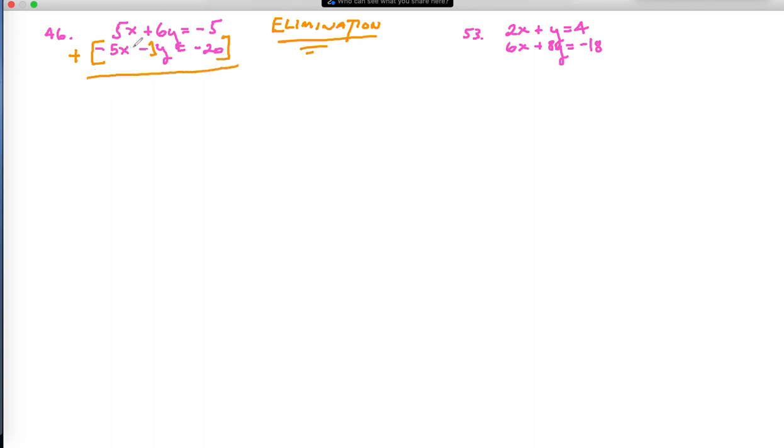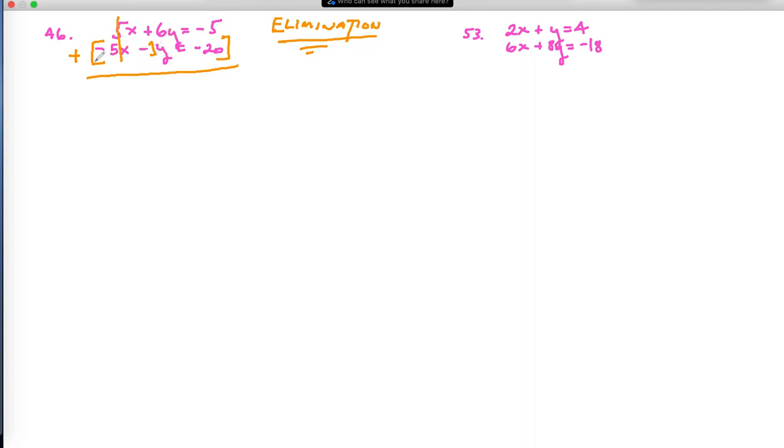The reason I want them to be the same number but opposite signs is that 5 apples plus -5 apples is no apples, or 5 x's plus -5 x's are no x's. And that's good. I want them to cancel out. So I have just y's now.